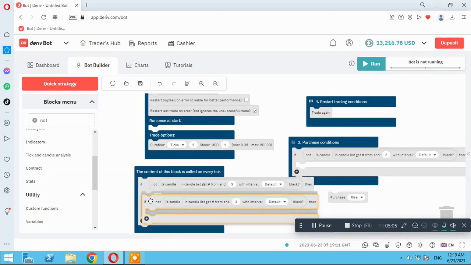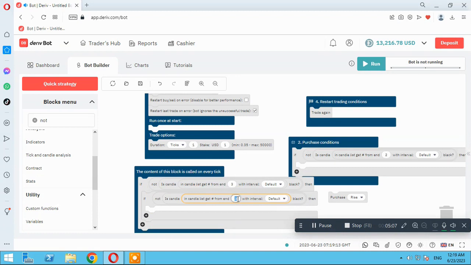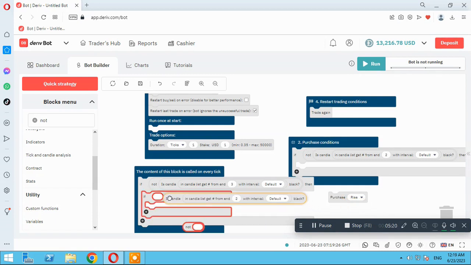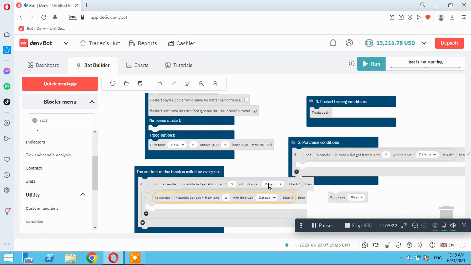Candle number 2 was green or red, because we need virtual loss. If this situation happens here, we lose our trade.